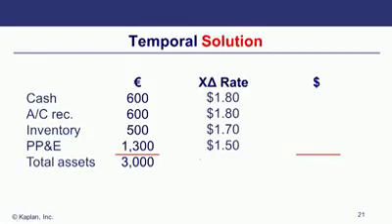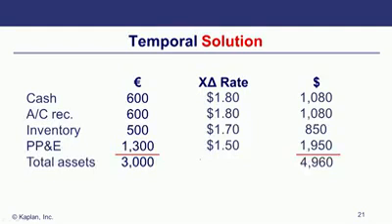And then finally our PP&E, we're told to use the historic rate of $1.50. So let's convert these balances across. 1,080, 1,080, 850, 1,950, total them up, and we've got our total assets, $4,960. So we've converted our assets from euros, the local currency, to dollars, the reporting currency.